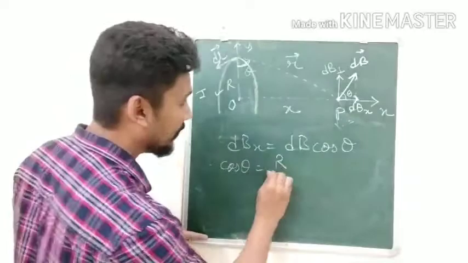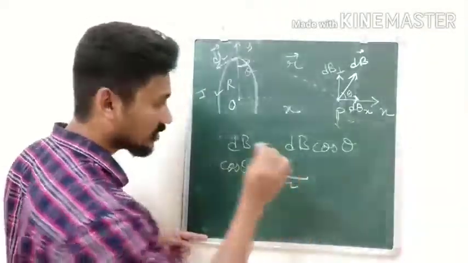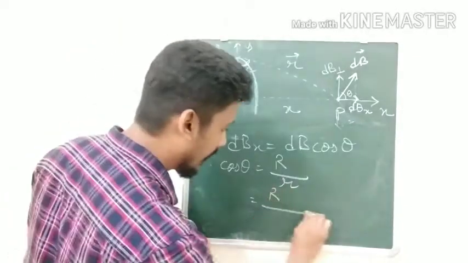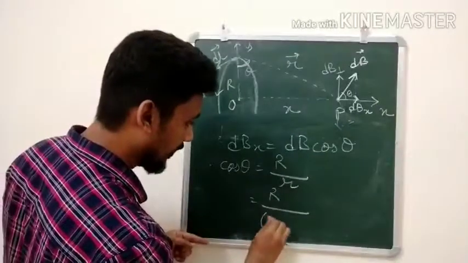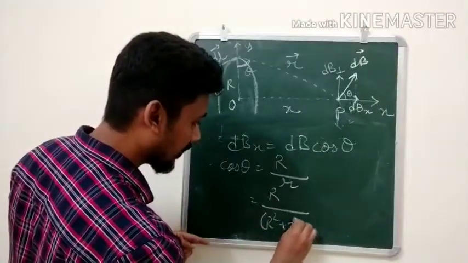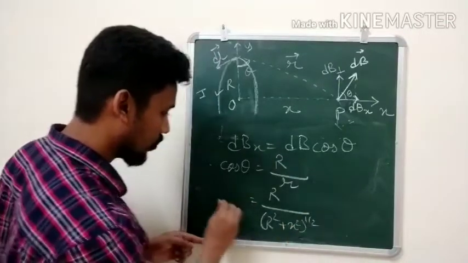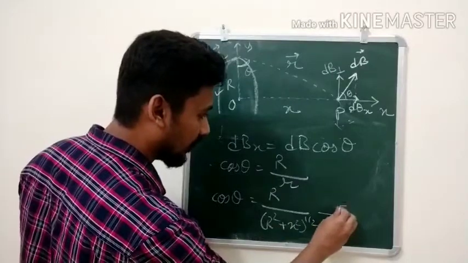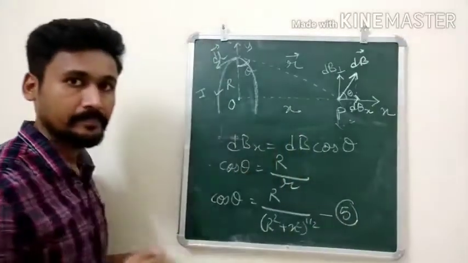Adjacent is capital R, hypotenuse is small r. And small r you can write as the square root of R square plus x square. So cos theta can be written like this. Let us call this equation number 5.